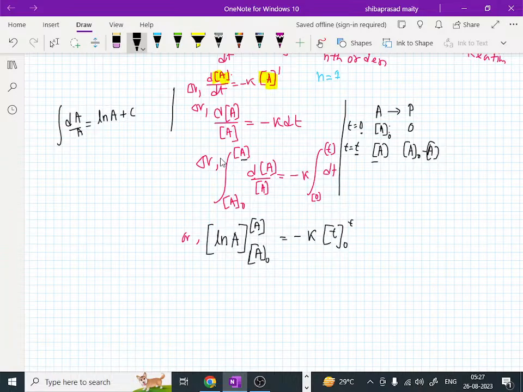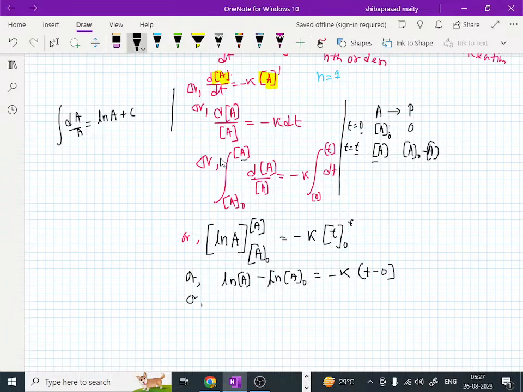So ln A minus ln A naught equals minus k into t minus 0.